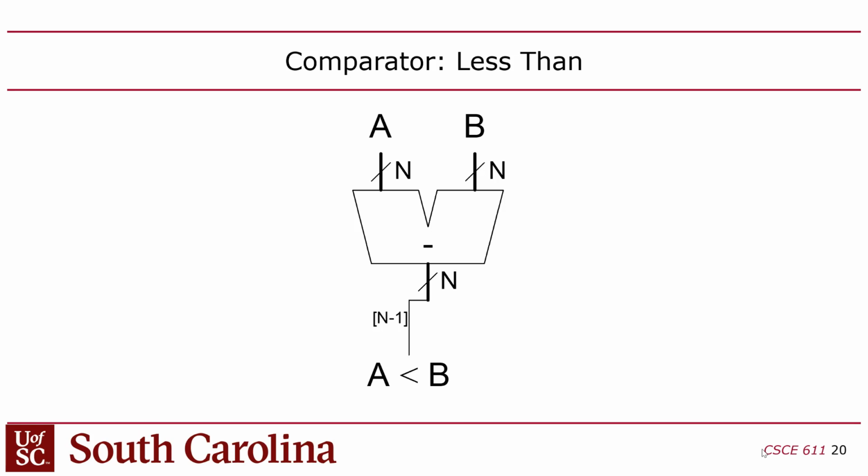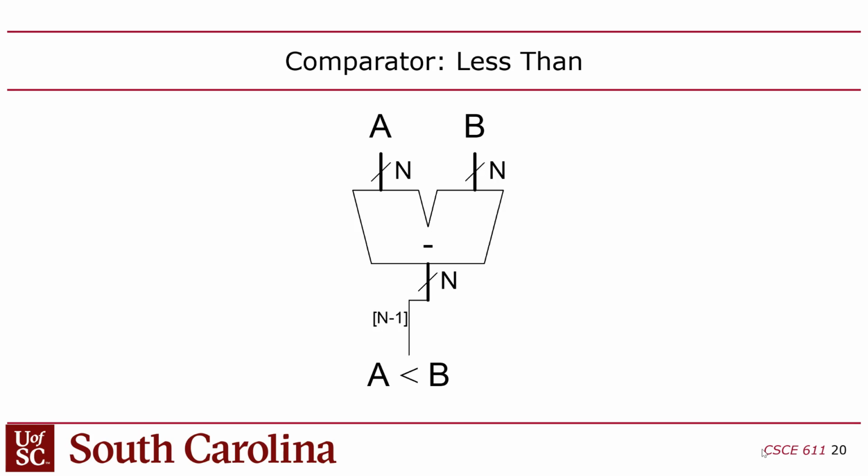So if you subtract and you get a negative result, then A must have been less than B, right? What if they were, say, both negative numbers, though? So you have a negative A and a negative B, and you subtract. Well, if A was less than B, you'd still have a negative sum, right? So this works for that as well, right?